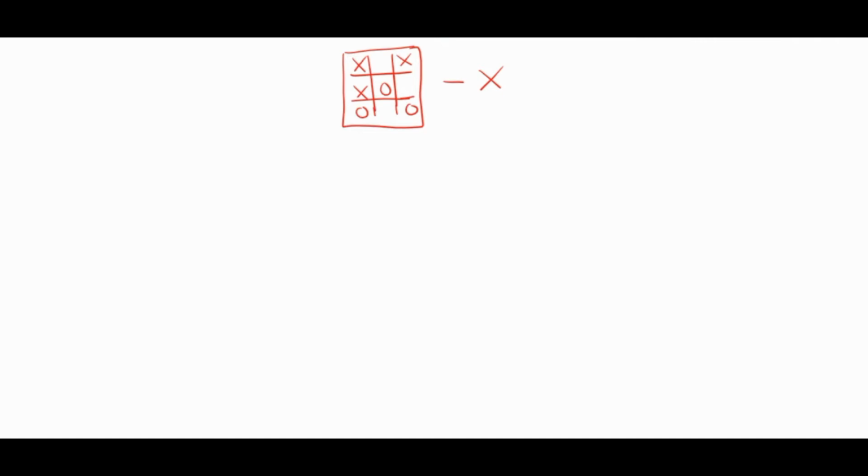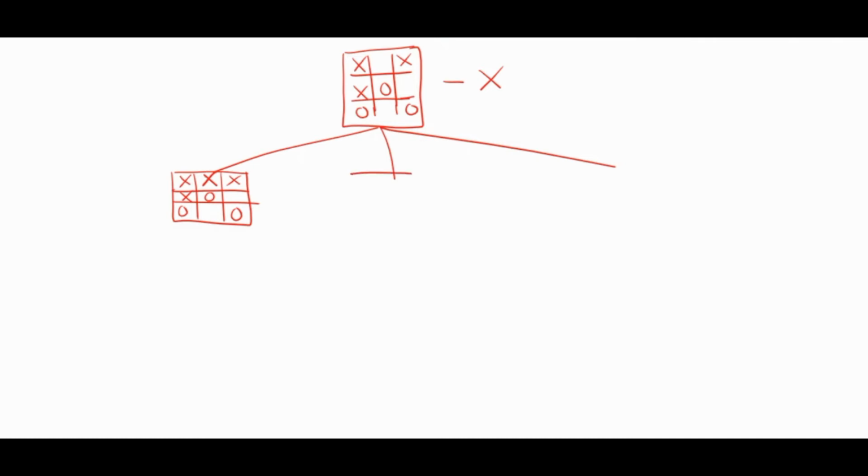So say this is the first, the second, and the third. So the first next game state would be this one, X, X, X, O, O, and O. So placing the mark here would result in this game state.